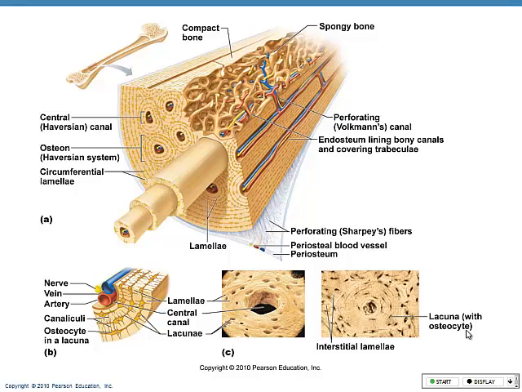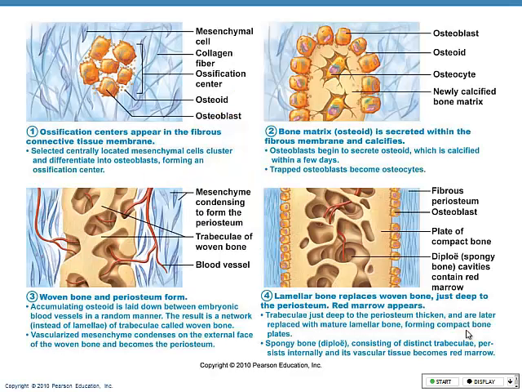So we see these dark spots are where our osteocytes live, and then those rings are called lamellae. Yes? So interstitial lamellae would be the ones closest to the what? It's closest to the central canal. And the circumferential lamellae would be the ones what? On the external or further away from that central canal.